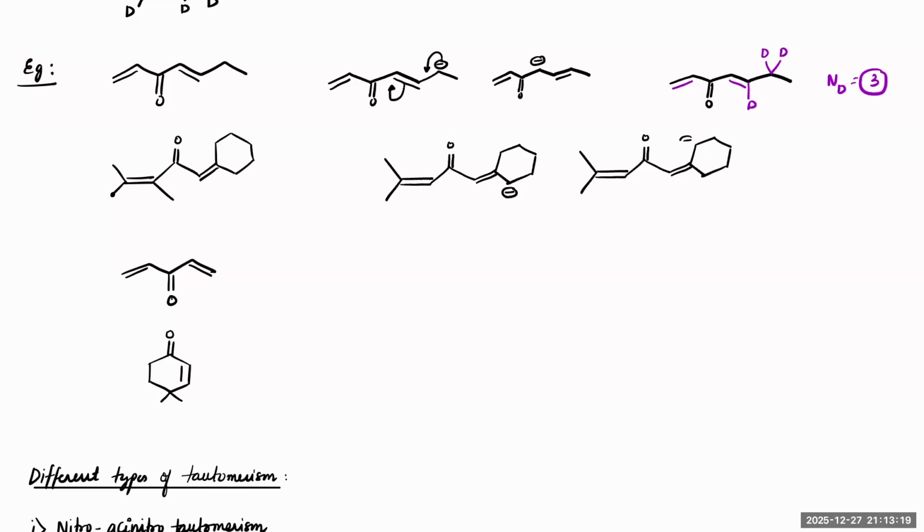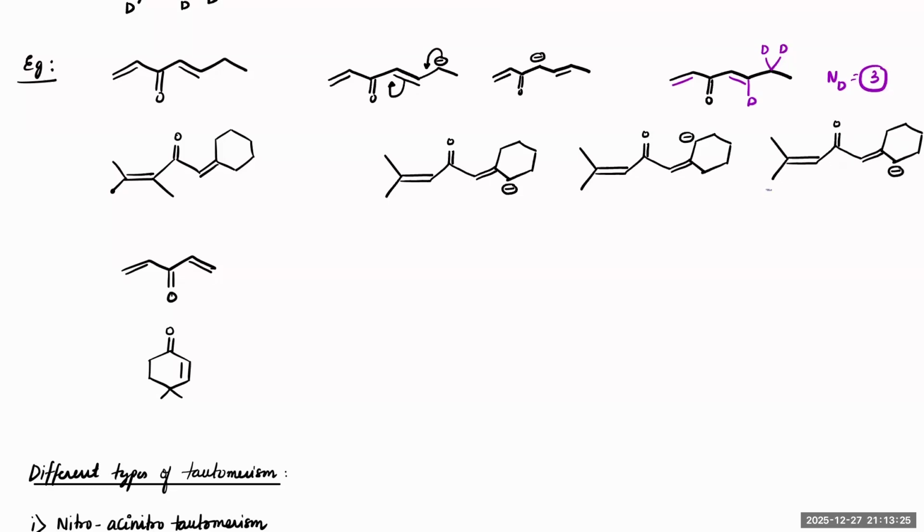One minus charge can be here also. Next, another minus charge which it can show would be on this position. Here also, it can show minus charge, which can push the resonance to happen. Another one, the minus charge could be on this side also. These are the cases where you can see tautomerism can happen.